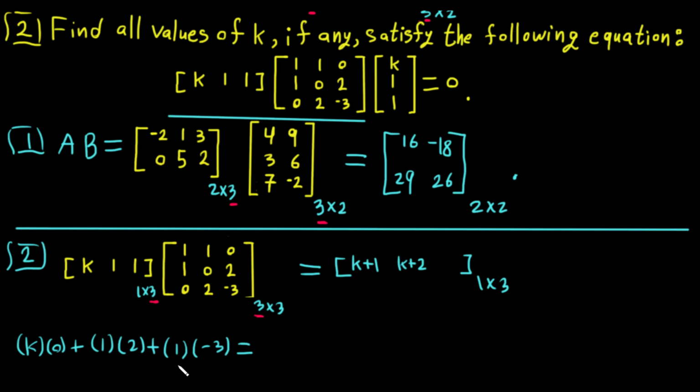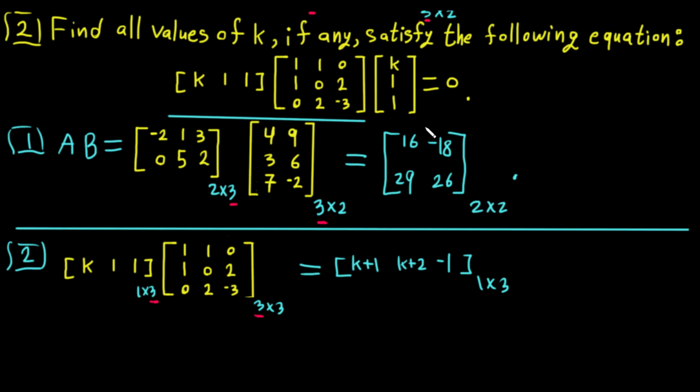Here k multiplied by 0 is 0, 1 multiplied by 2 is 2, 1 multiplied by negative 3 is negative 3. Then we have the result as minus 1, because 2 minus 3 is minus 1. So here minus 1. Now let's erase this computation. Now we have found this multiplication, which is this one.